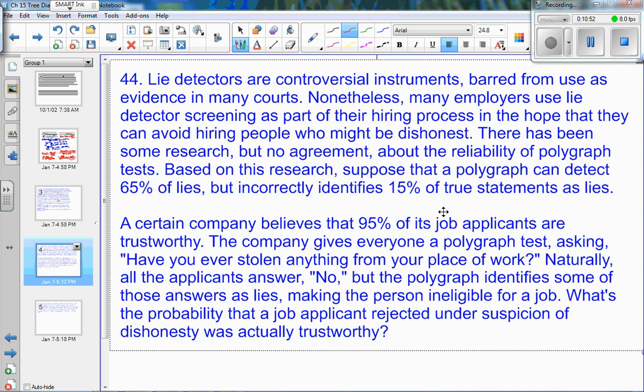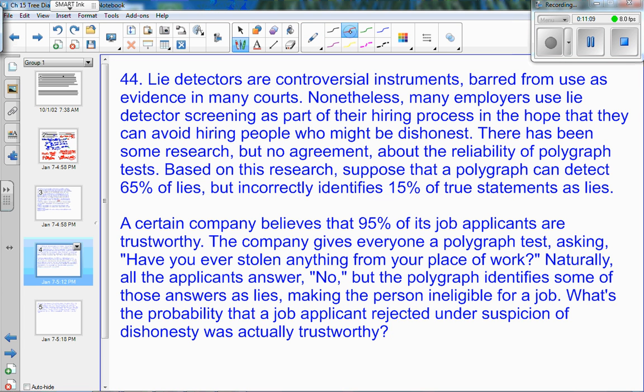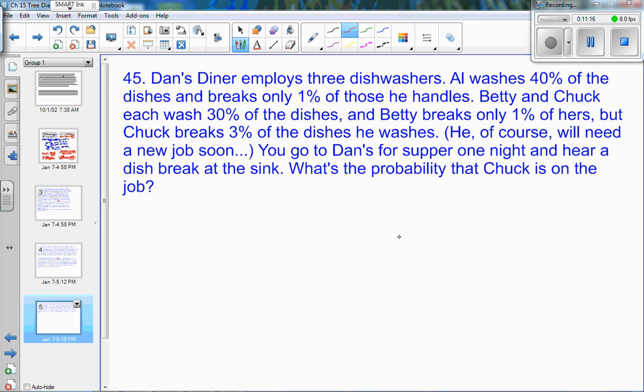On this one, about lie detectors, I'll leave for you guys to come up with those. But again, you'll need to try and find that. Well, I'll tell you right here. They believe that 95% of the job applicants are trustworthy, so that's going to be your kickoff point there.